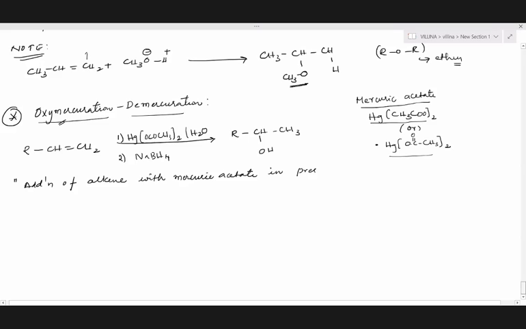The second type of notation was used in this particular compound. So any of these you can write, like this, or like this, or like this. All of them indicate only one compound, that is mercuric acetate.